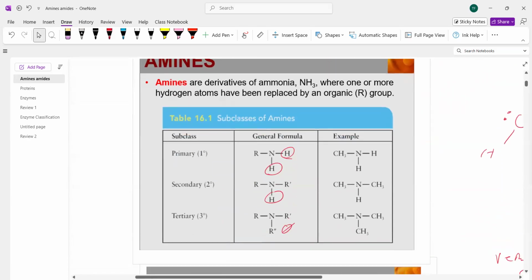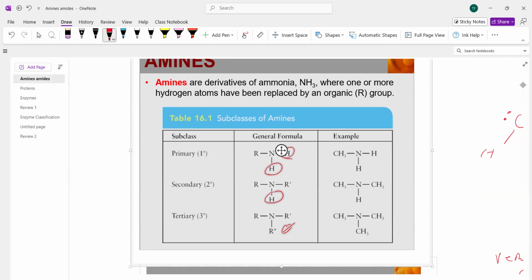So like alcohols, amines can be primary, secondary, tertiary. Like primary alcohols have 2 hydrogens, secondary alcohols have 1 hydrogen, tertiary alcohols have none. Same with amines. Primary amines have 2, secondary amines have 1, tertiary amines have none.